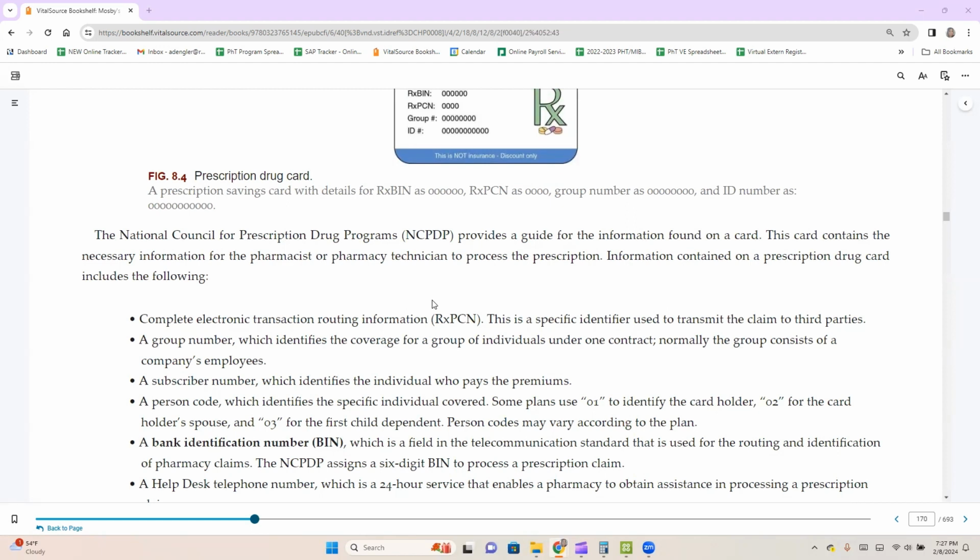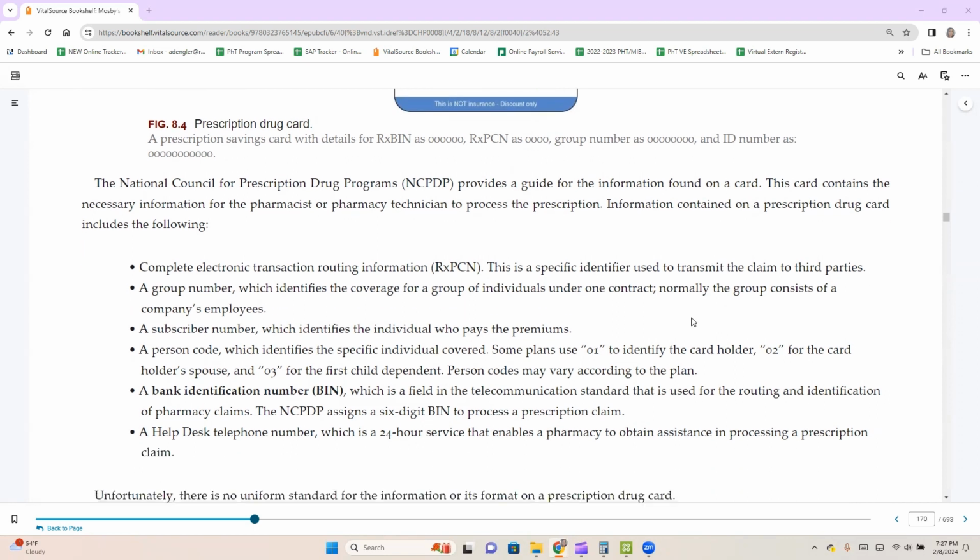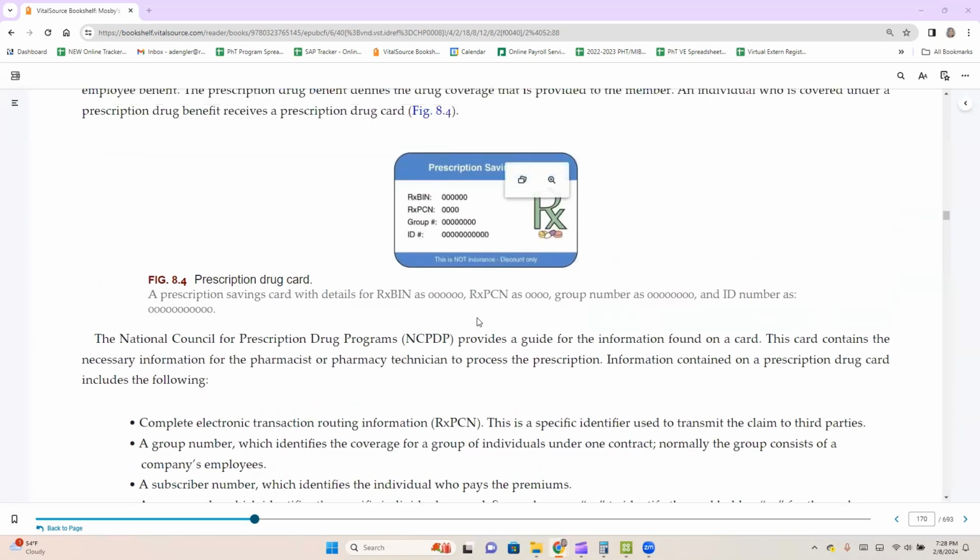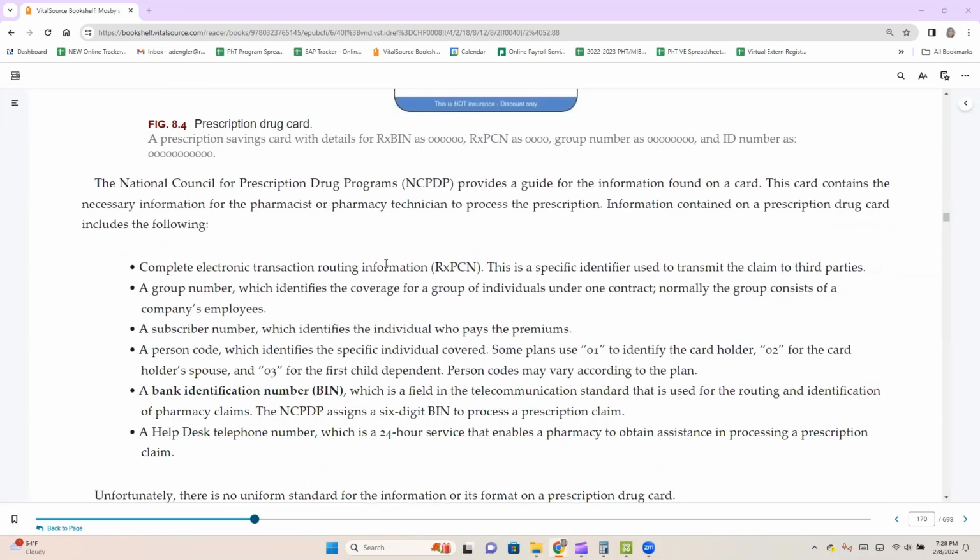The NCPDP, the National Council for Prescription Drug Programs, provides a guide for the information found on a card. This card contains the necessary information for the pharmacist or technician to process the prescription. This is the information that will be needed. So basically everything I set up here, but just kind of written out.